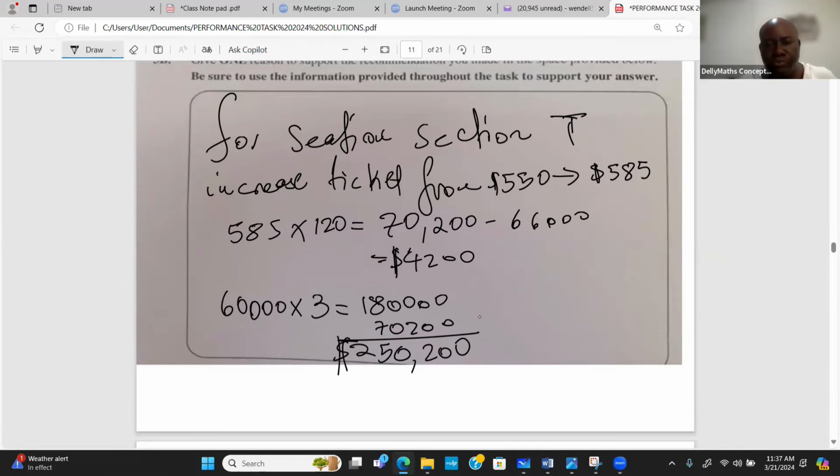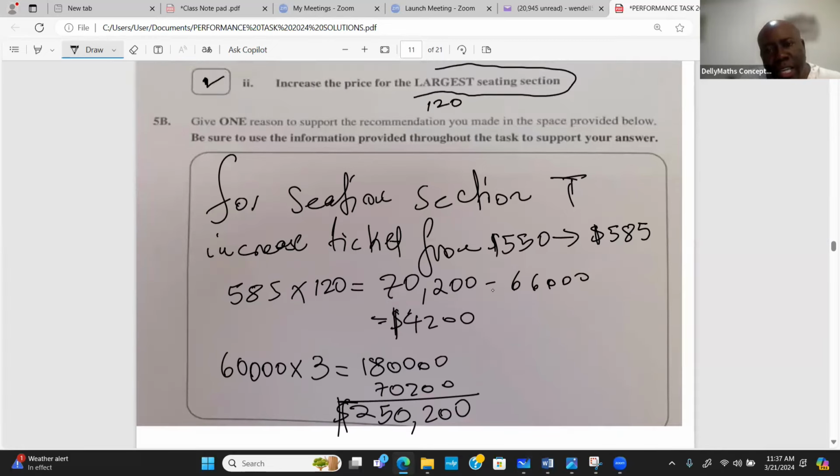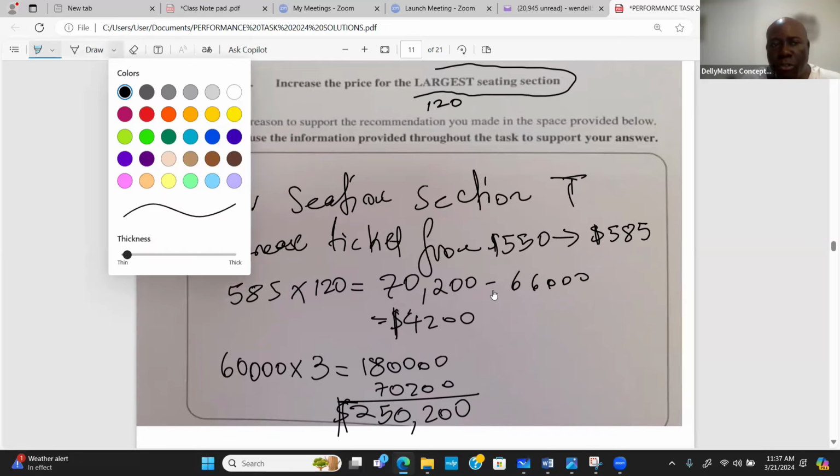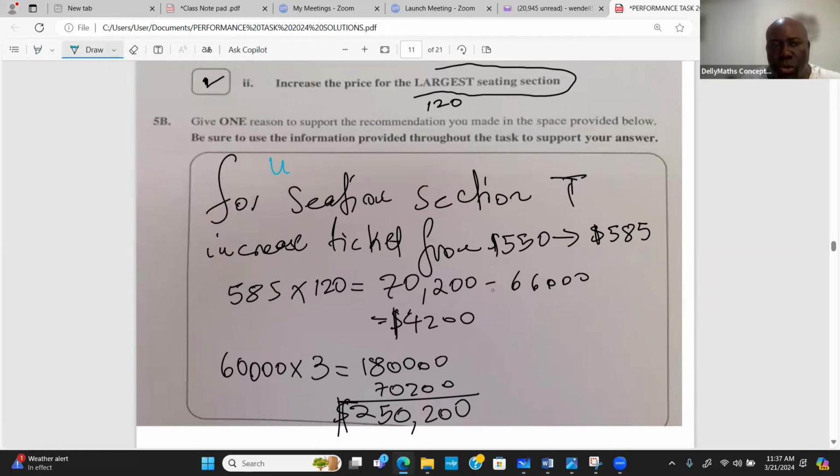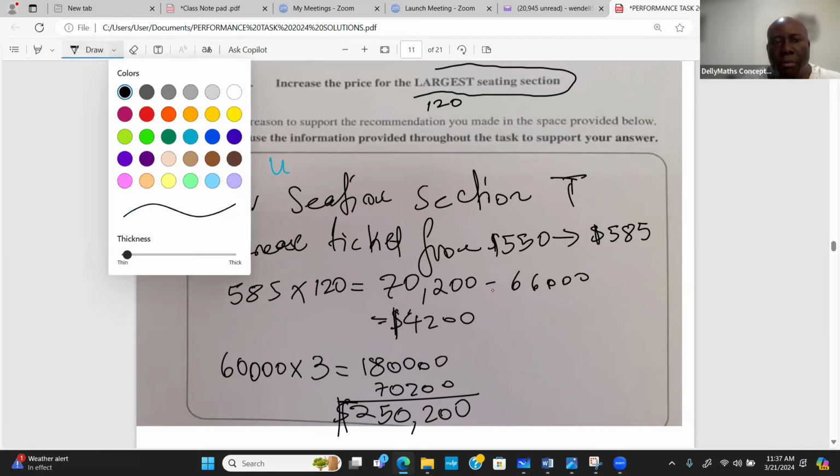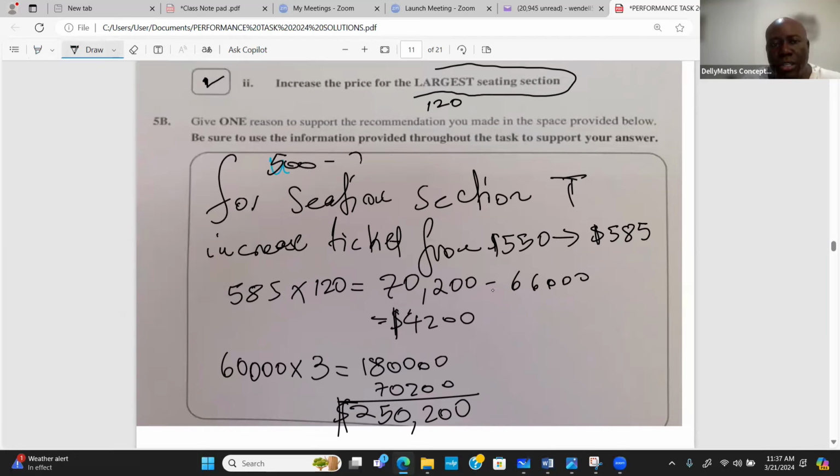Basically, what we're looking at is that the other section was already increased a lot. Remember, seating section U would have already moved from 500 to 750. Because of that, I wouldn't want to touch this, because people may not feel like it's worth it, as it was already increased by 50%, which is a lot.